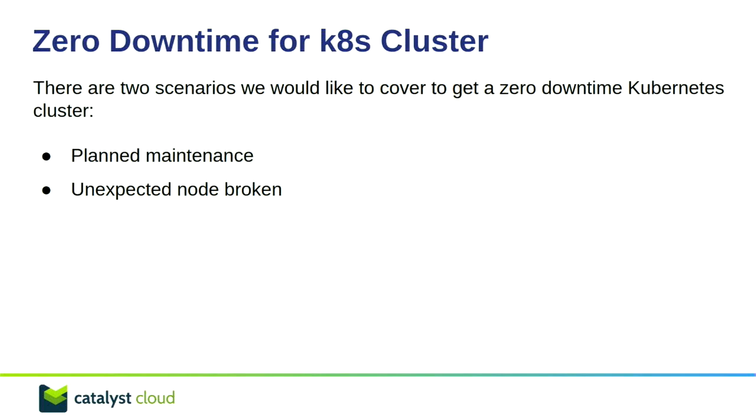For example, your kubelet could be in a not ready condition for whatever network problem or other problem, or at least one member of your etcd cluster is down, or one of the Kubernetes API servers is down. For those kinds of scenarios, we would like to see how to achieve zero downtime.